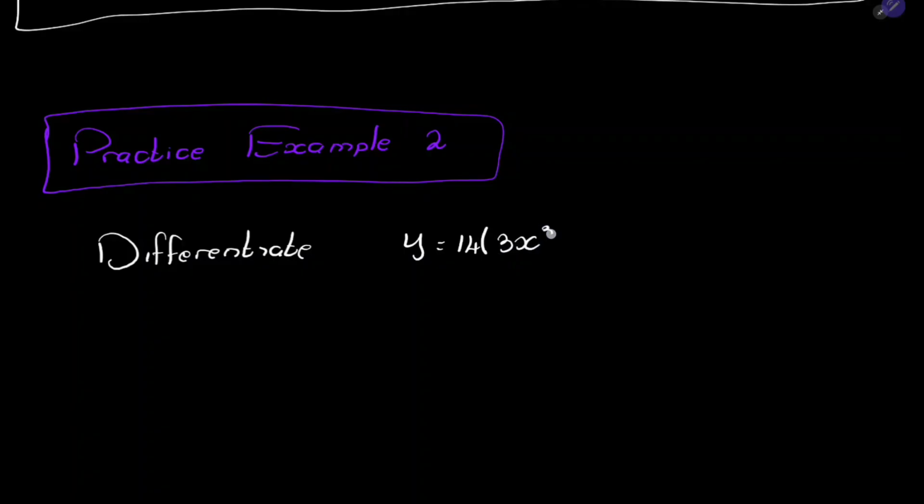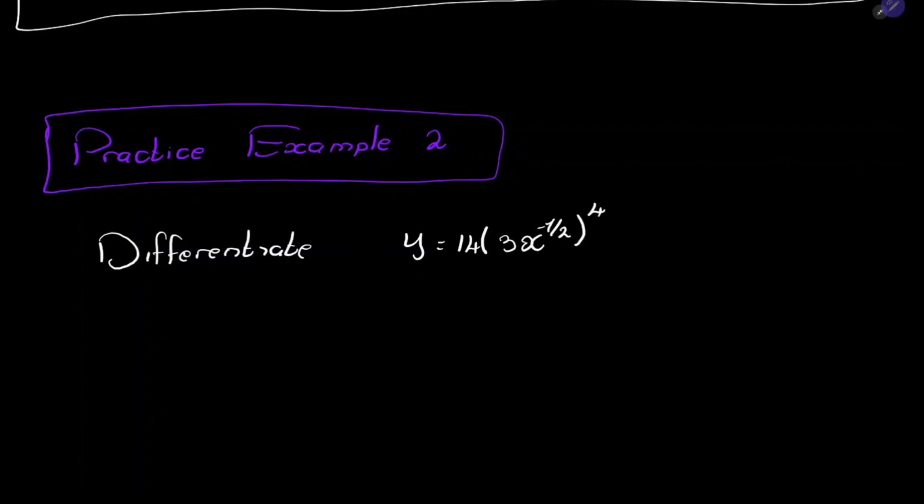First of all, differentiate y equal to, let's say, 14 into (3x cubed minus 2 to the power half) — oh, let's take a simpler question — 14 times (3x to the power negative half), all that to the fourth power.